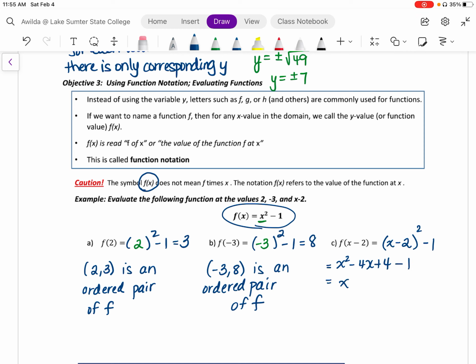So we have x squared minus 4x and then plus 3. That means that the ordered pair x minus 2 for x and then x squared minus 4x plus 3 for y is an ordered pair of f.